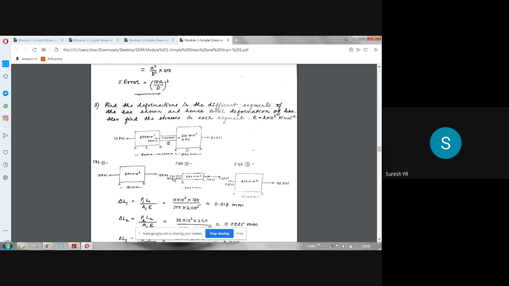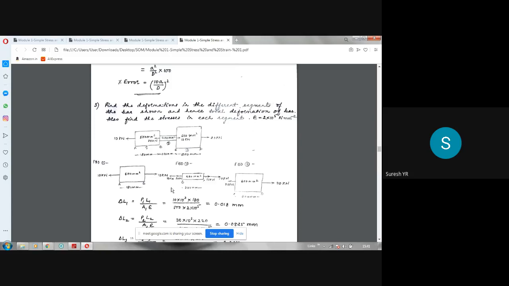Similarly, this side, 20 kilonewton is acting like this. To balance this 20 kilonewton, I have to introduce another 20 kilonewton in the opposite direction at this junction.